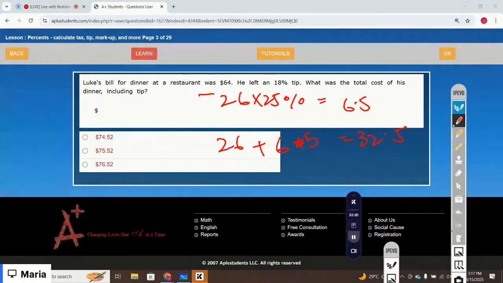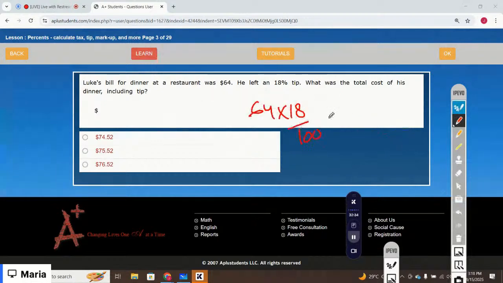Just calculate 18% of 64. So 64 times 0.18. That is 11.52.